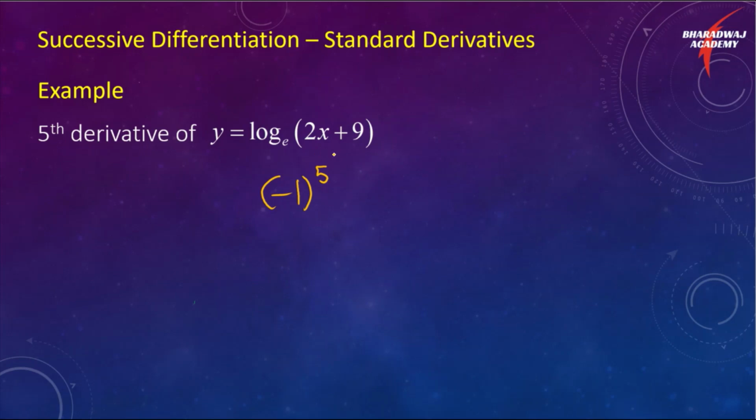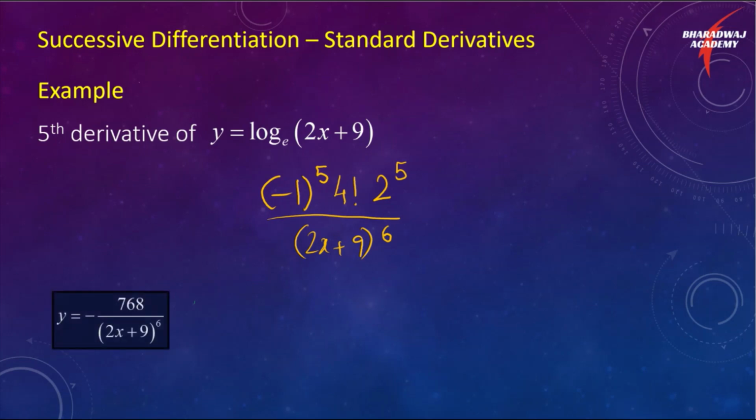Yeah, since it is log, we need to do n minus 1. n is 5, so 4 factorial into 2 power 5. So a power n, which is 2 power 5, divided by 2x plus 9 to the power n, n is 5, so 5. On solving this, we get an answer similar to this.